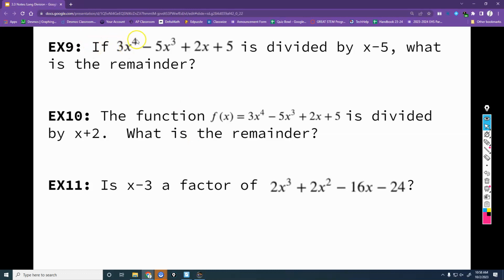If 3x to the fourth minus 5x cubed plus 2x plus 5 is divided by x minus 5, what is the remainder? One of the ways to do this problem is to use long division and get your answer for your remainder, right? But I have already seen some blank papers as I look around.